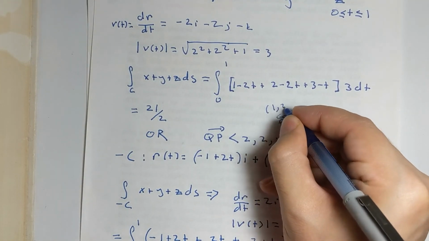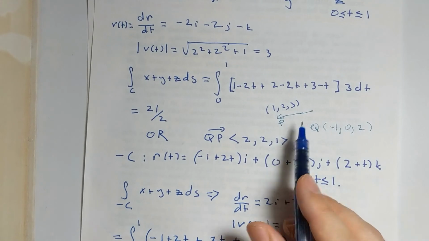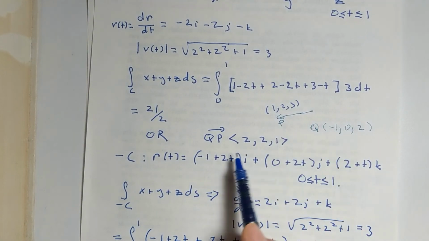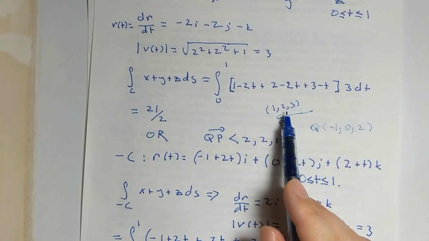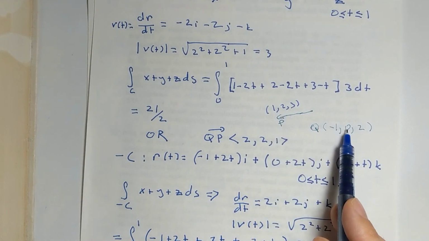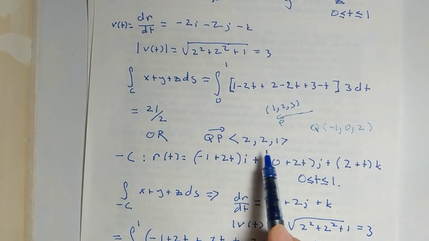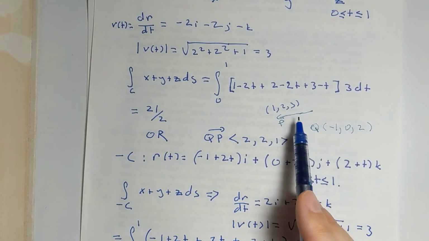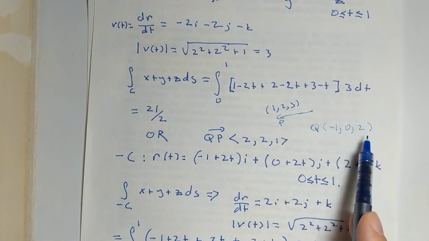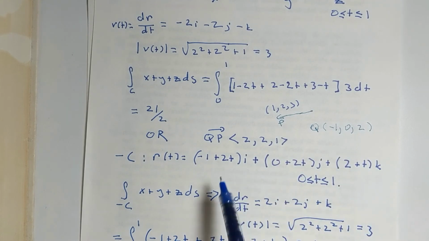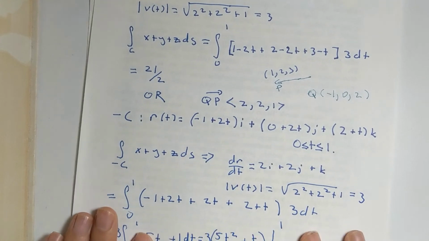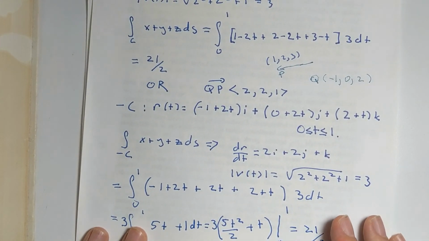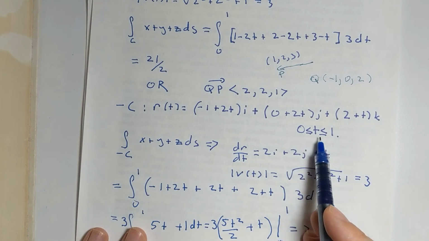So end minus beginning, we get 1 minus (-1), which is 2, so it's going to be -1 + 2t. End minus beginning, 2 minus 0, that's another 2, so it's going to be 0 + 2t. And 3 minus 2 gives me a 1, so it's going to be 2 + tk. That's the opposite orientation on the same curve. It's actually a line, and again this is for t between 0 and 1.